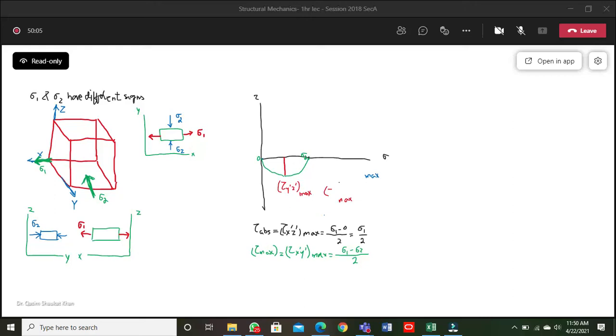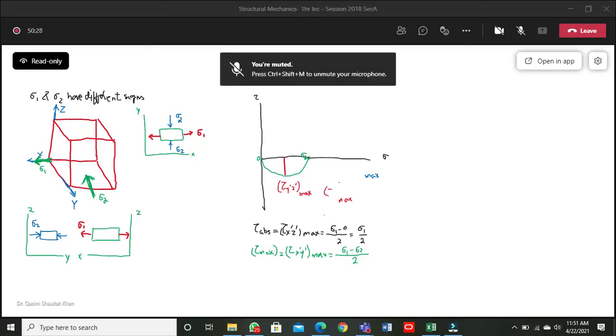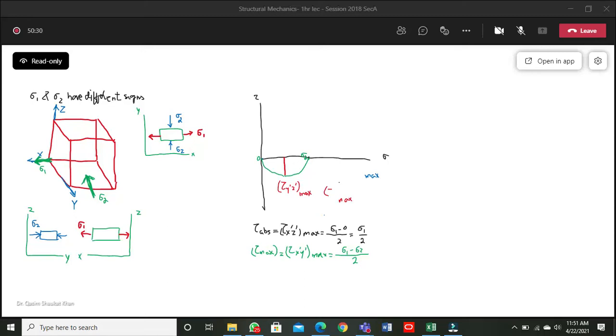Next. Okay, good. And sigma 1, as we have said earlier, will always be greater than sigma 2.